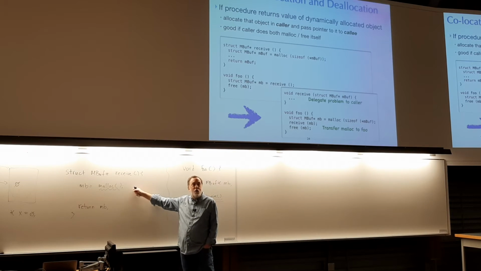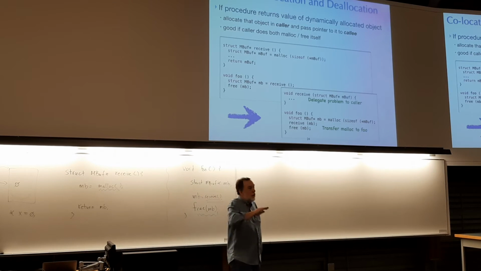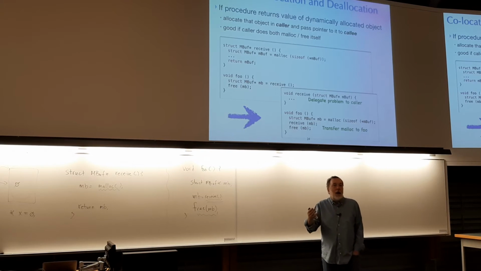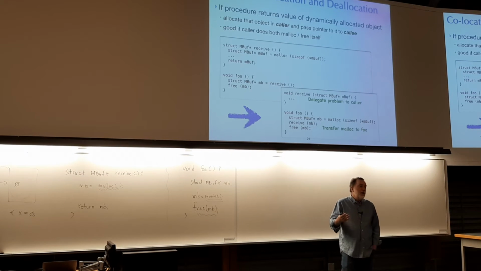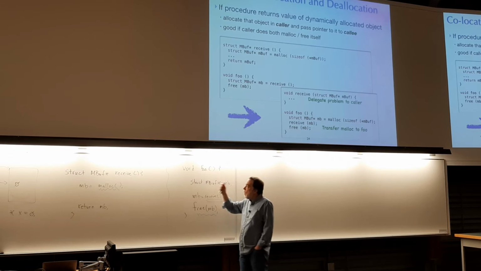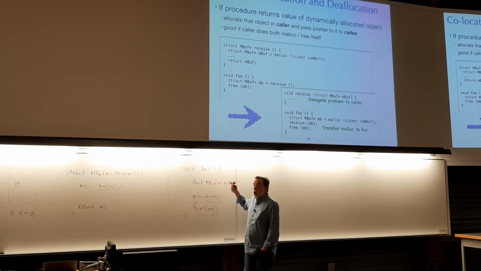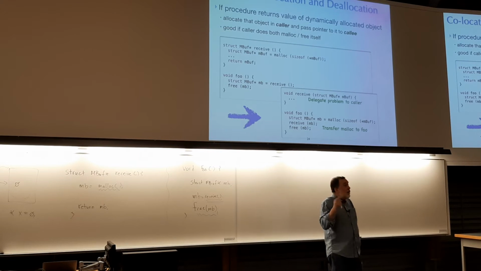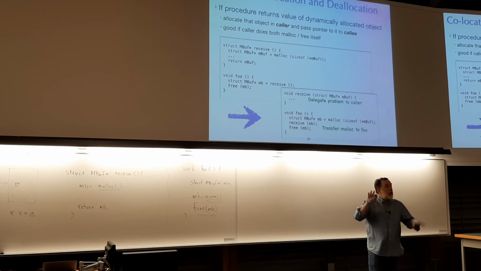If you can possibly avoid saying malloc, you will never have a memory leak or dangling pointer. But dynamic allocation, of course, has many, many benefits, so most of the time we won't be able to do that. So the first rule is, whenever possible, co-locate malloc and free in the same module, and even in the same procedure if that's possible, but that's not necessary, just in the same module.